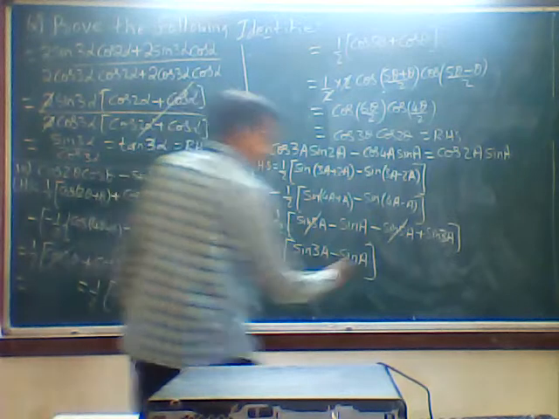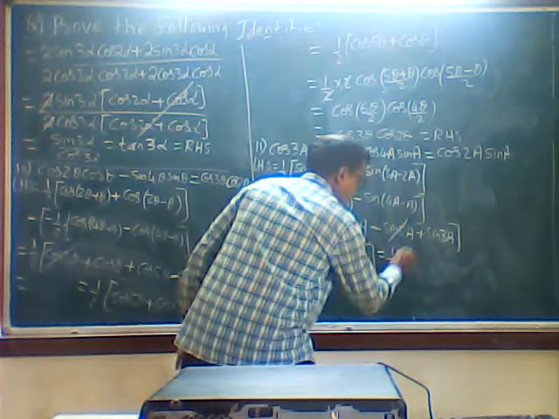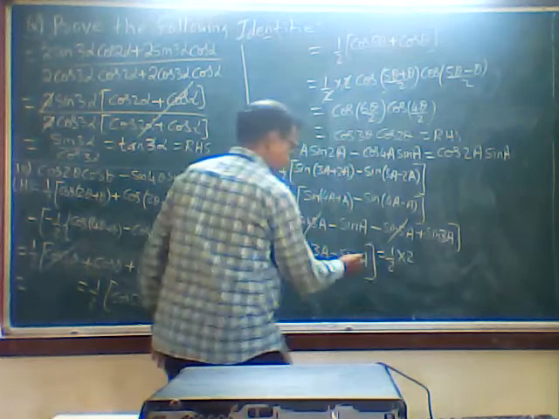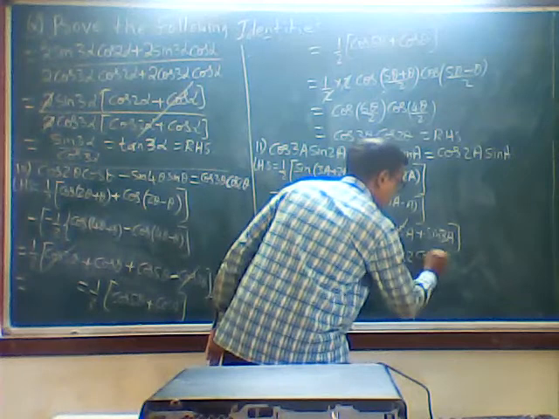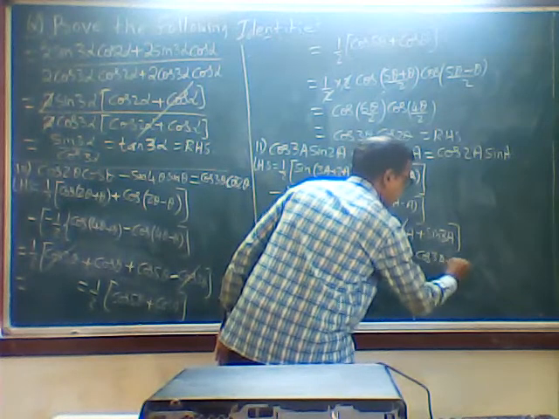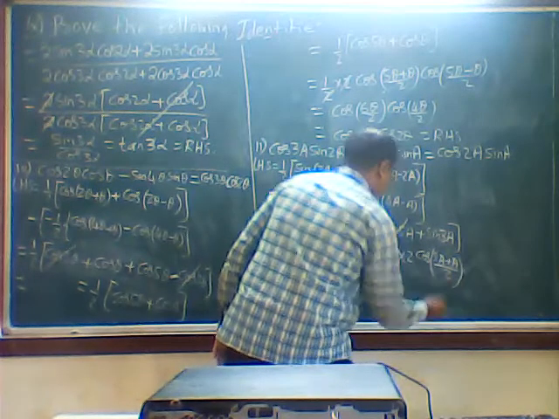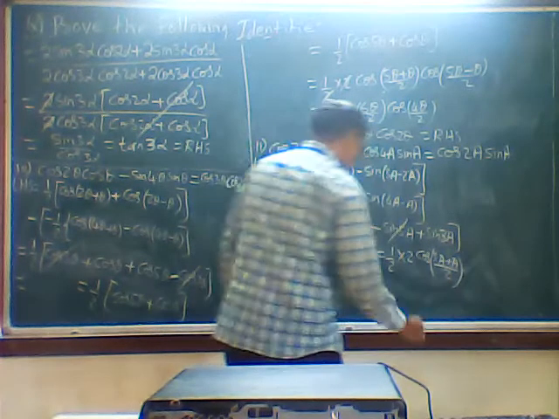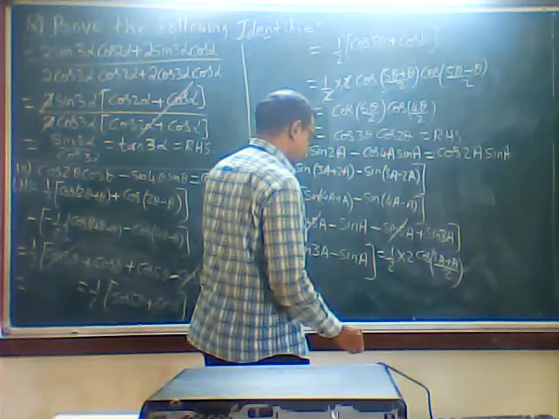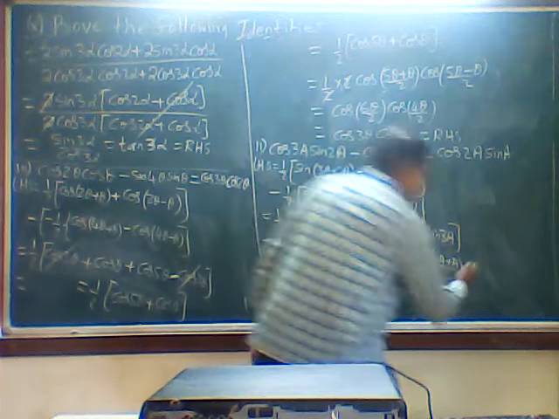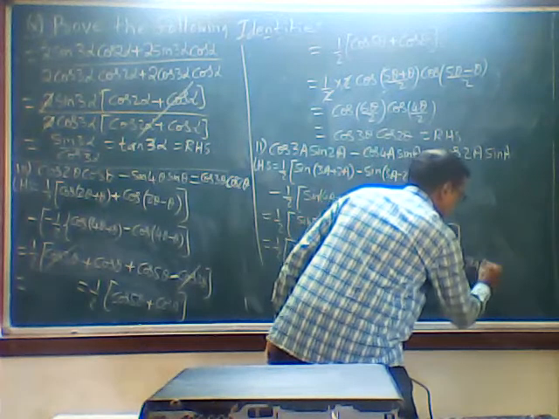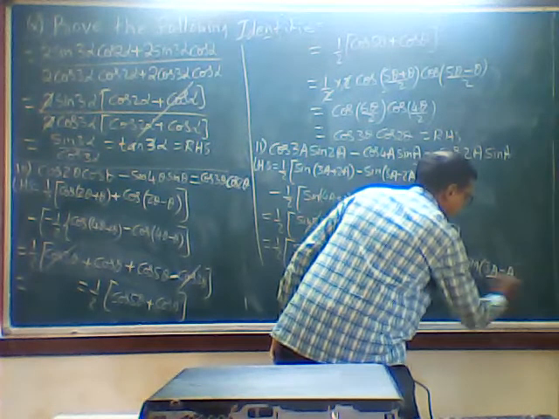So it will be half into 2 times cos of (C plus D) by 2, that is cos of (3a plus a) by 2, into sin of (C minus D) by 2.